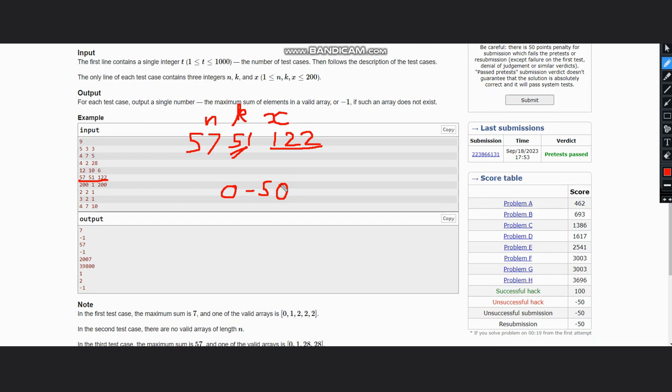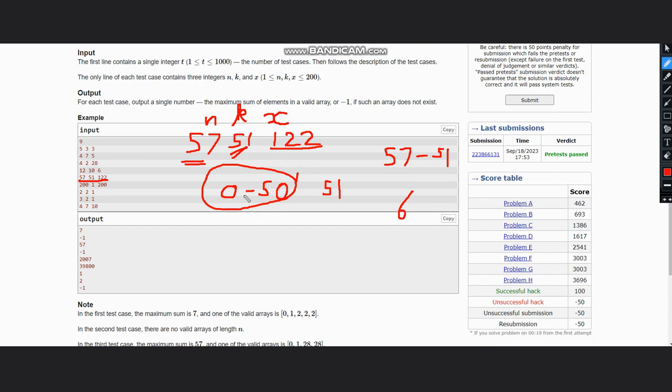So now we can take 57 numbers. Out of 57 numbers, 51 numbers are gone. What are those 51 numbers? 0 to 50. So what is 57 minus 51? We are left with 6. Now, our 6 numbers can be anything, and we have the other 51 numbers as 0 to 50.